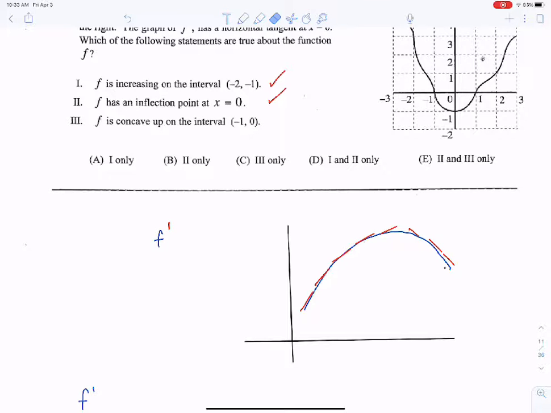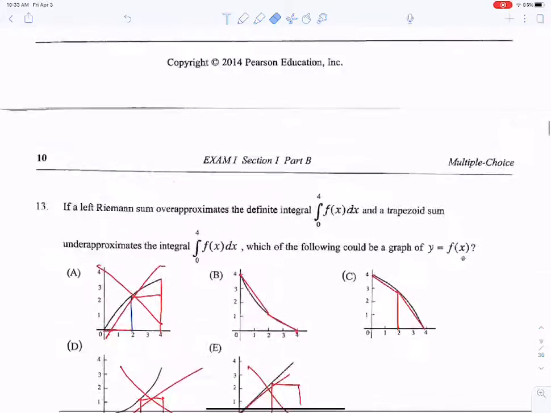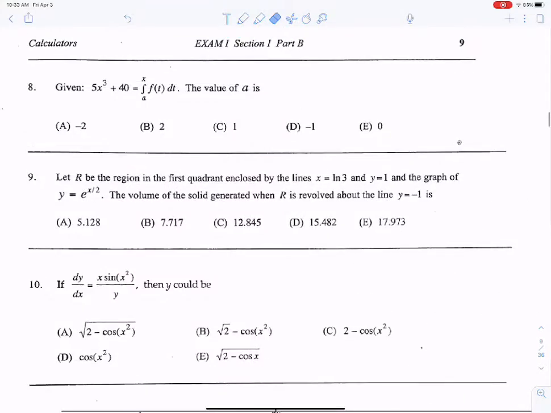Okay, what else do we have here? We did number 17. Have I hit the problems that you've asked so far? Are there any other questions in regards to the multiple choice that you have? Can we do number 8? Maybe.